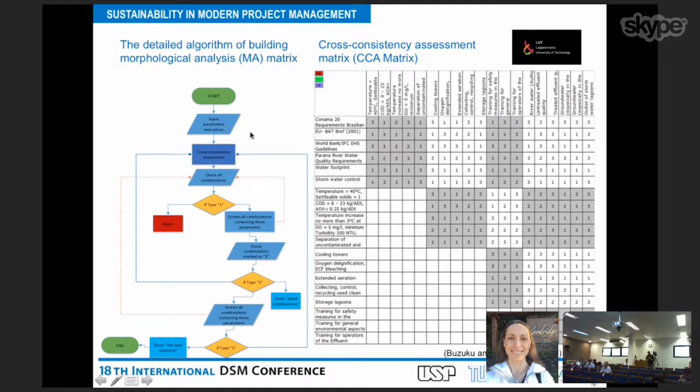First we input the parameters and values, and then in this stage we have the cross consistency assessment. We check all combinations in this matrix against other combinations, and we rate them with the numbers 3, 2, and 1.